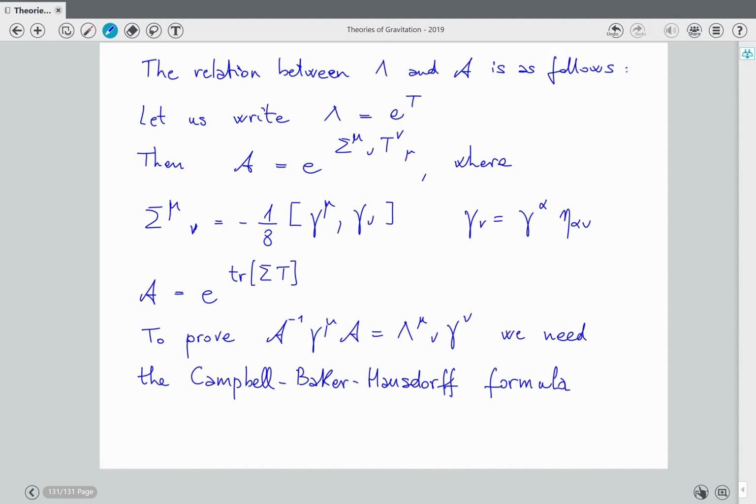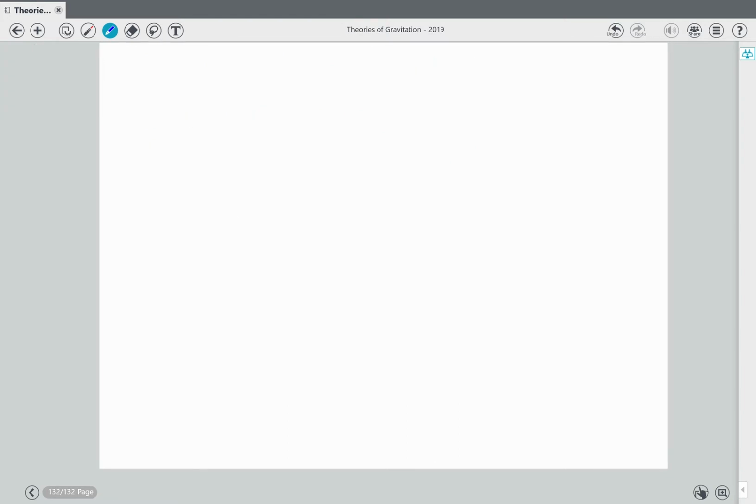What does that formula say? For every matrices A and B, we have the following identity.